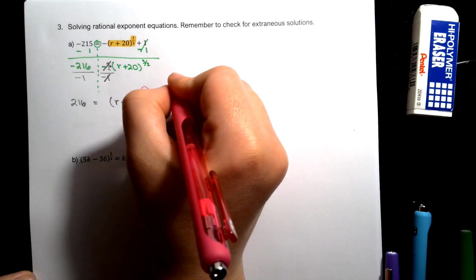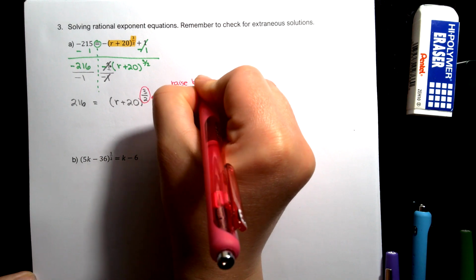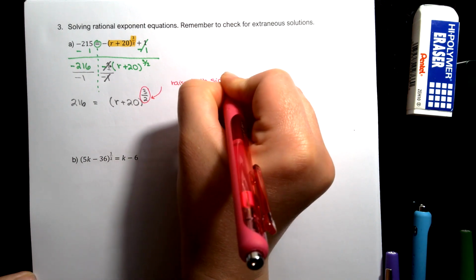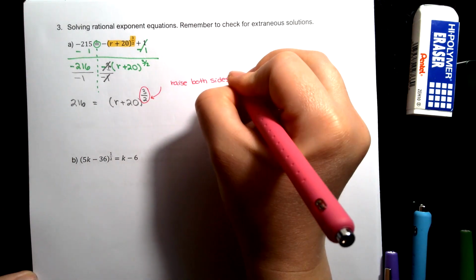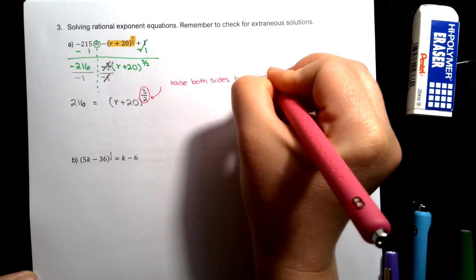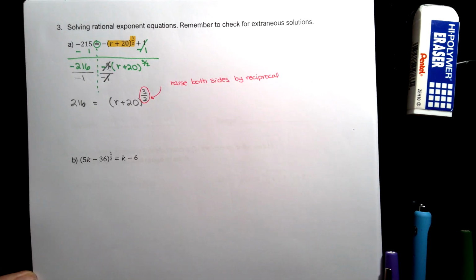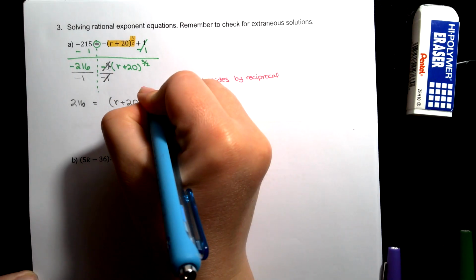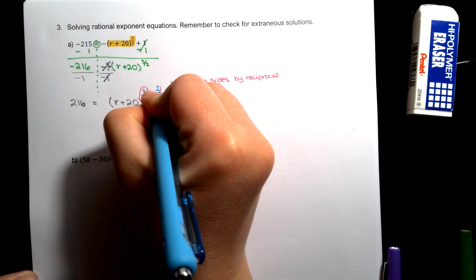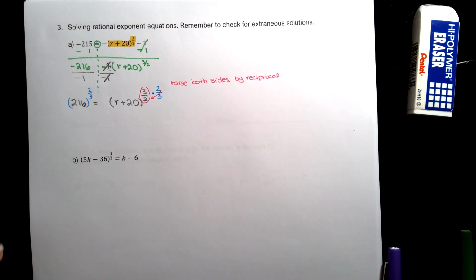When we raise both sides by the reciprocal, we're going to take 2/3 and raise both sides by 2/3 here.